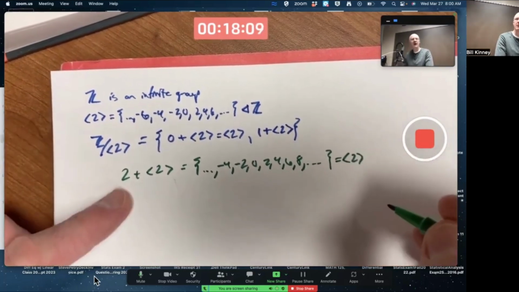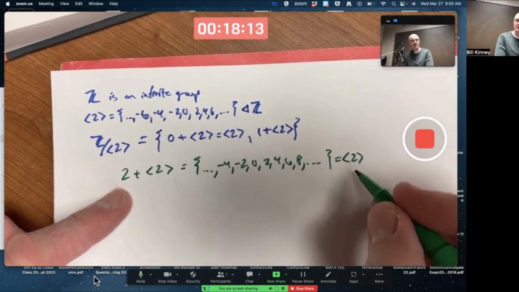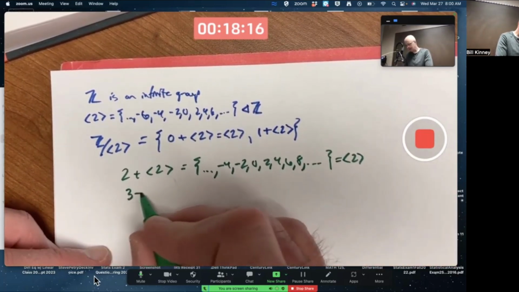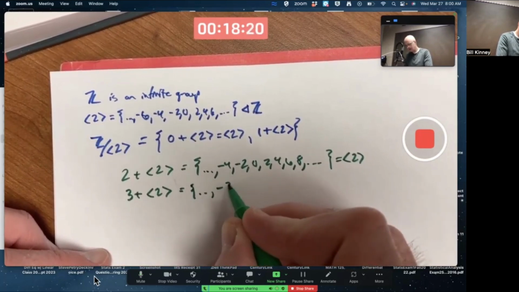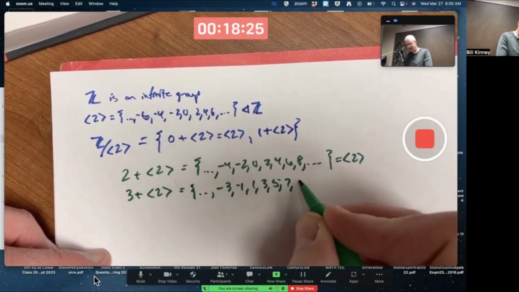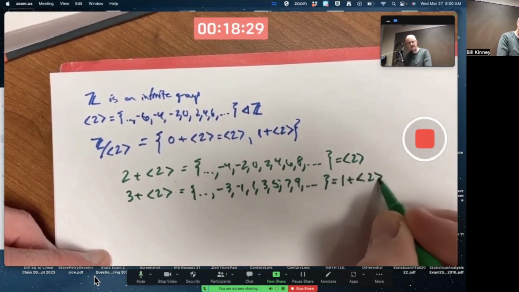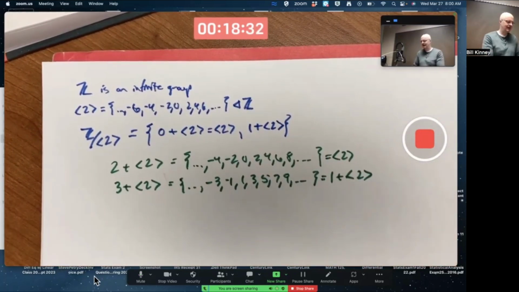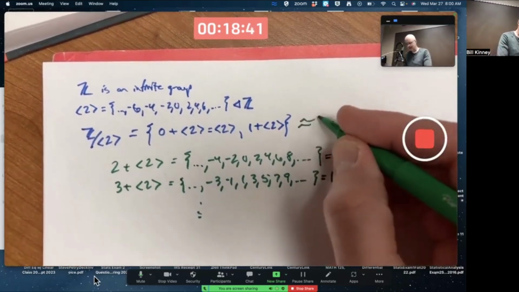In fact, any even number in front will give you the same set, which is the identity of the factor group. Any odd number in front will give you the same thing as the other element of the factor group, 1 plus the subgroup, etc. You're never going to get anything different. So this is a 2-element group. It's isomorphic, in fact, to Z2.